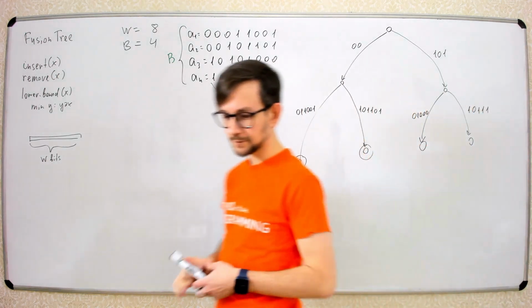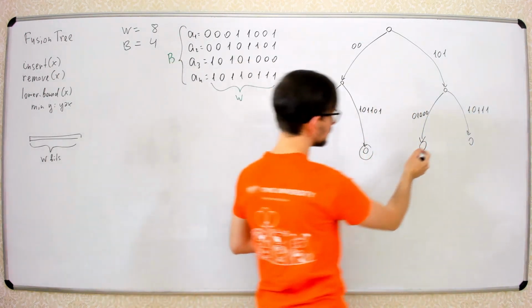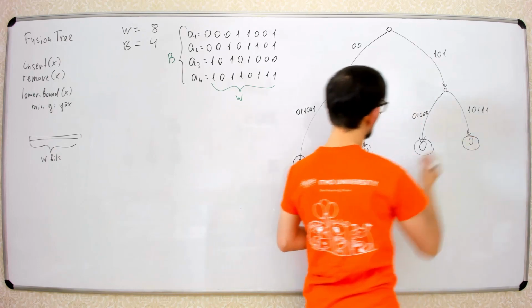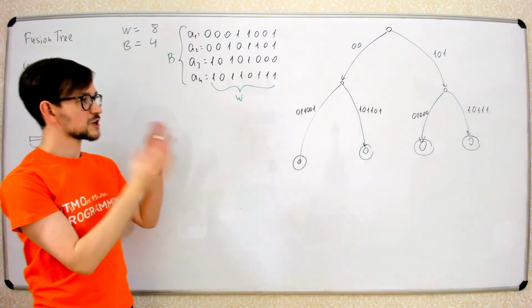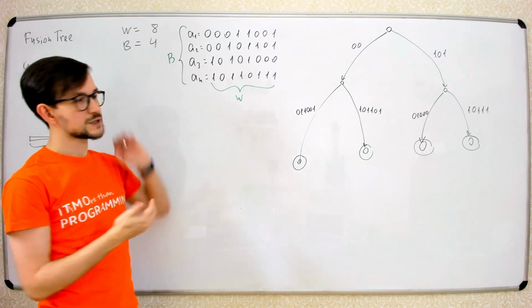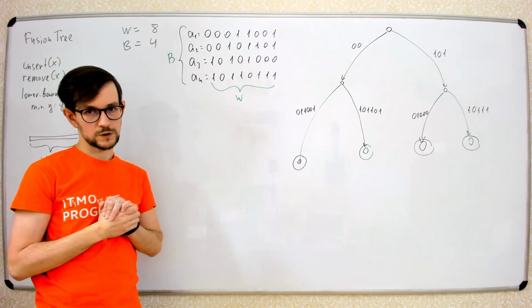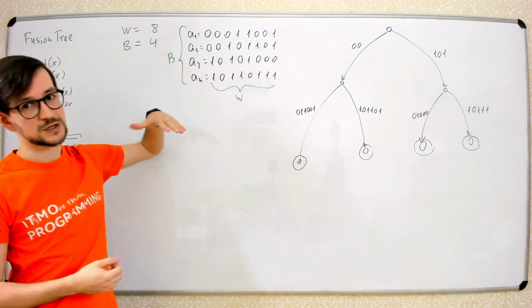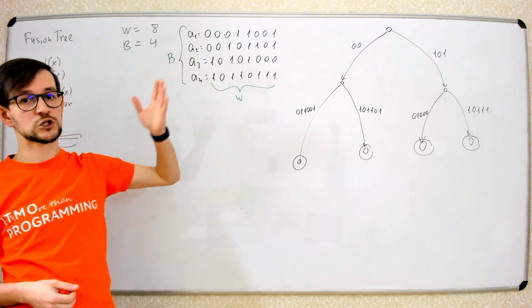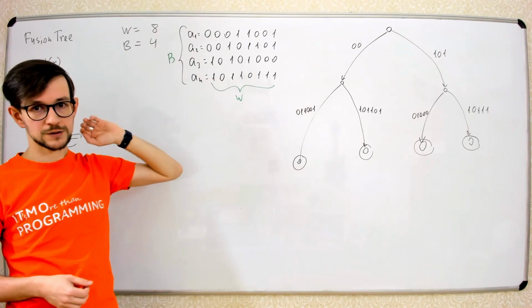Like this. So that's a compressed trie of these integers. If you represent these integers as strings and build a trie of these strings, you will have something like this.